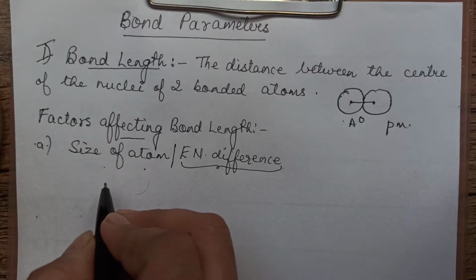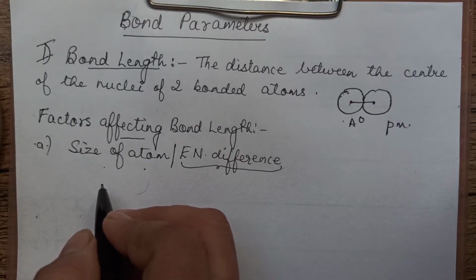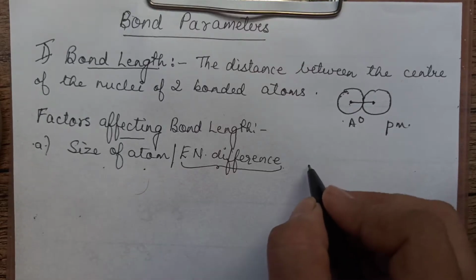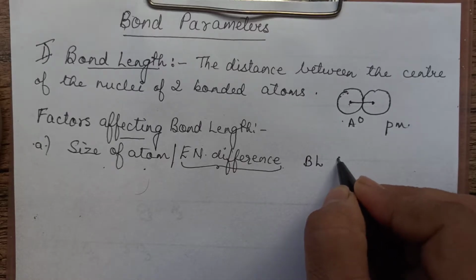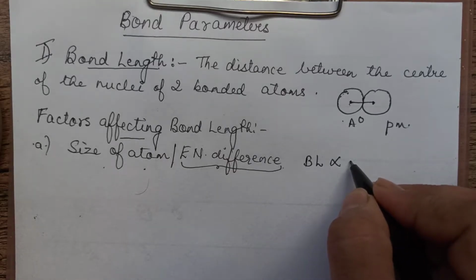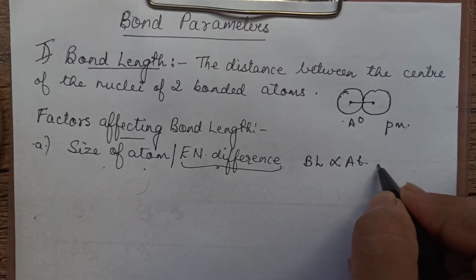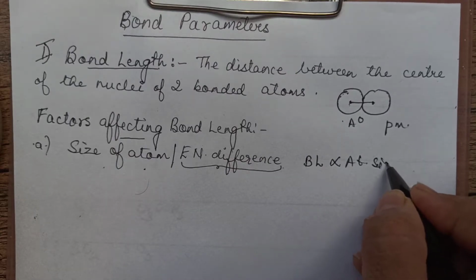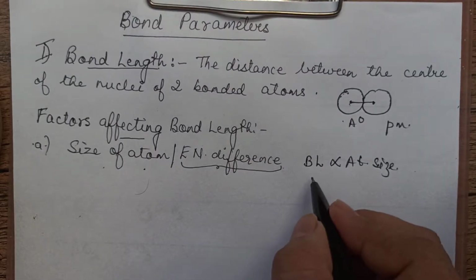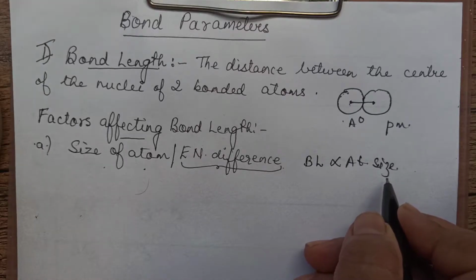How does the size of the atom affect it? The bigger the size of the atom, the longer the bond length. Bond length is directly proportional to the atomic size.